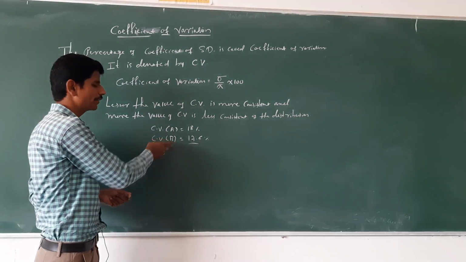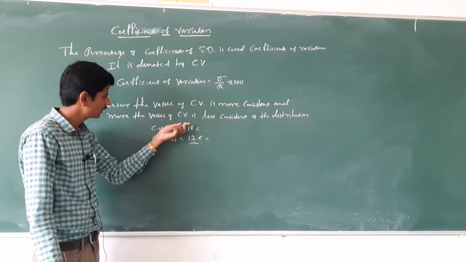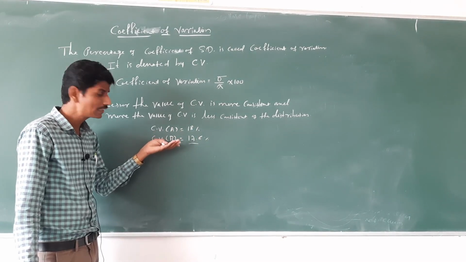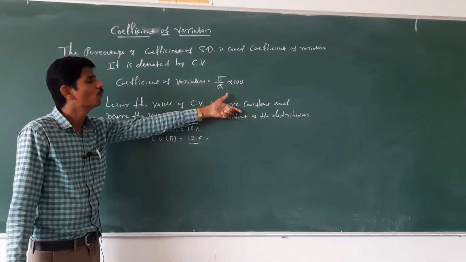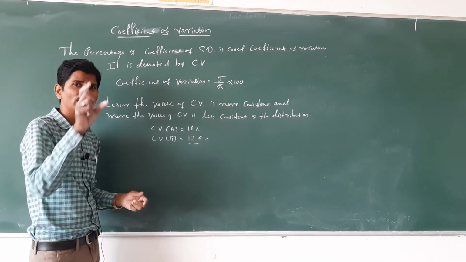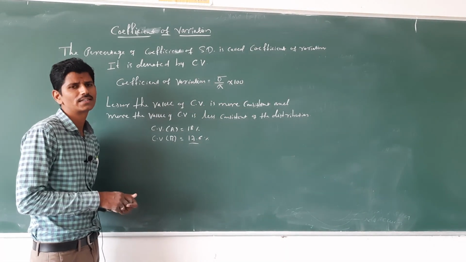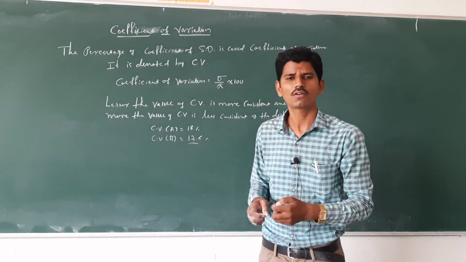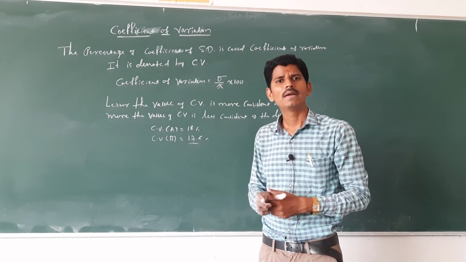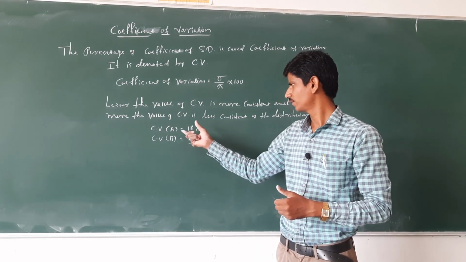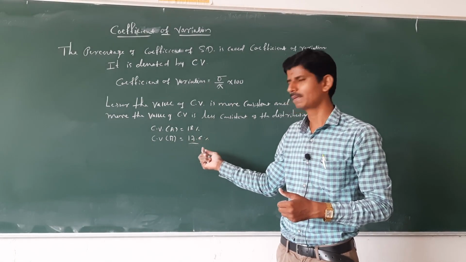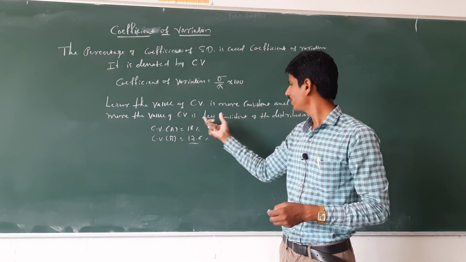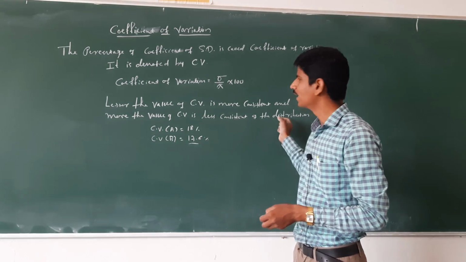CV for B is more consistent because 17.6 is less compared to CV for A. The coefficient of variation is measured in terms of percentage, 18% and 17.6%. The lesser the value of CV, the more consistent, and the more the value of CV, the less consistent the distribution.